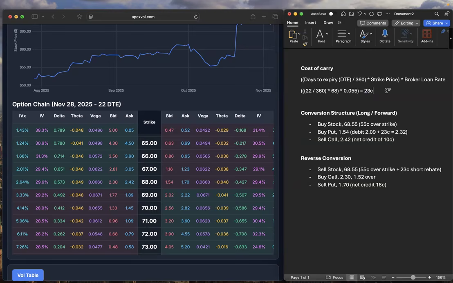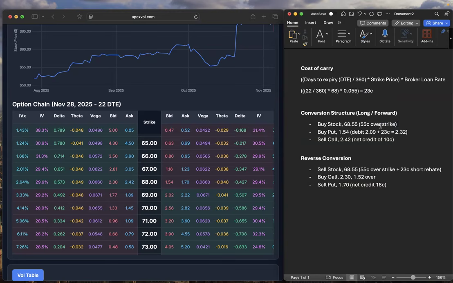So in the long conversion structure, as we look at the 68 strike, we are going to buy the stock at $68.55, and everything is relative to strike. So we are paying 55 cents over strike, and we have to accept that as a debit.